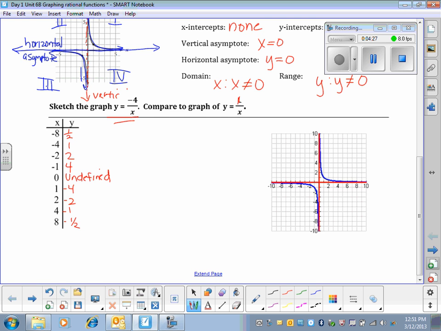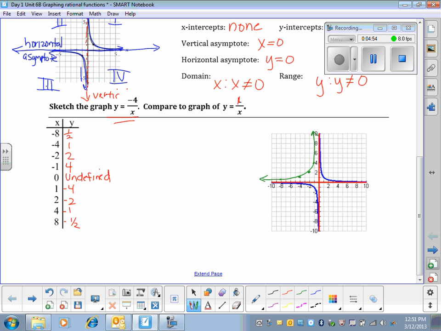So now let's graph this. All right, -8, or positive 1/2 is right here. -4, 1 is there. -2, 2 is there. And then -1, 4 is right there. So this is going to look something like this.